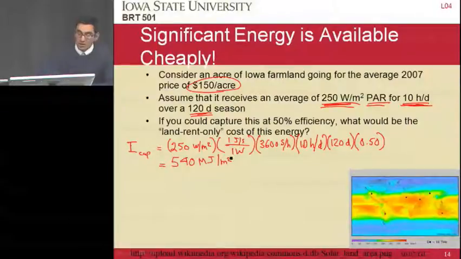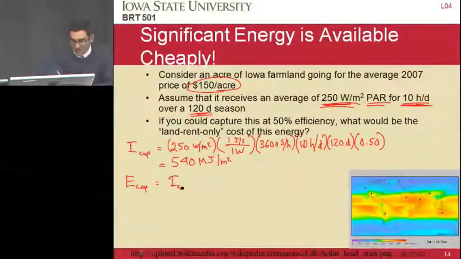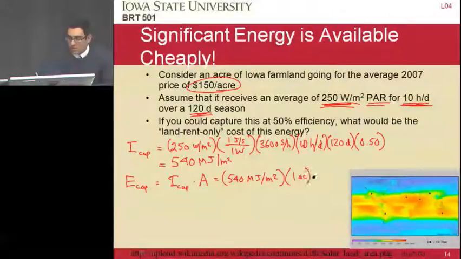The total energy captured is equal to the intensity of the captured radiation times the area over which we capture it, and that's 540 megajoules per square meter multiplied by 1 acre. We better do a little unit conversion, and it turns out that you have 4,047 square meters in 1 acre.